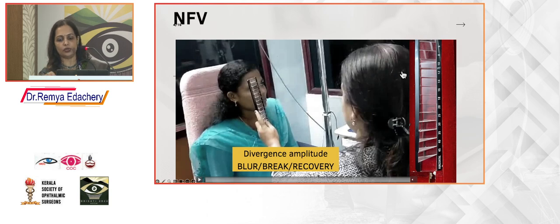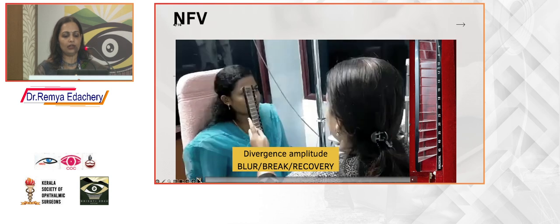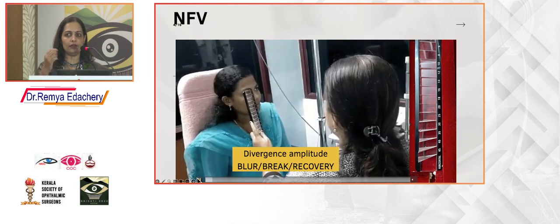I have shown the prism bars earlier. I hope all of you have seen the prism bars. You keep the prism with the base in front of one eye, and the patient has to read the distance target. Then you record the first blur. Then when the patient sees the break, 2 images, you again come back and record the recovery. This is done for distance first, then for near.